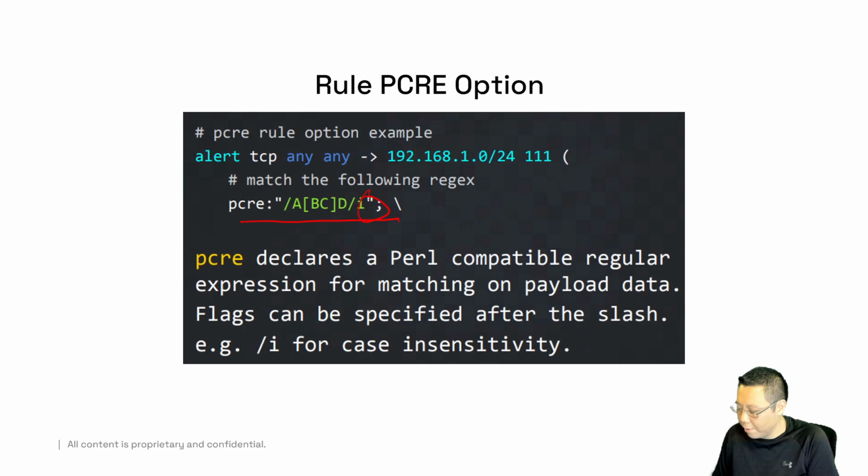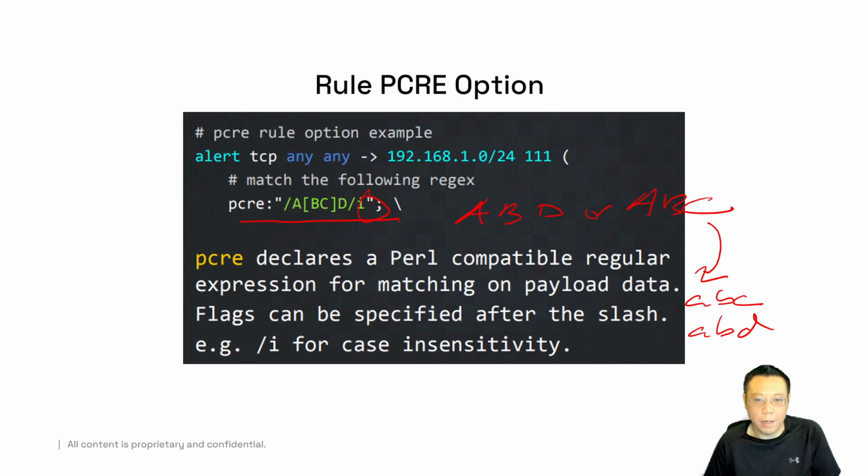Because we have a lowercase i for no case, A, B, D, or A, B, C, or even others. Those are the four combinations I would match on, as long as it met the requirements of this header as well. Regular expressions are really interesting, and the more you master them, the better you can become a rule writer or even at log parsing when you're analyzing your payload.